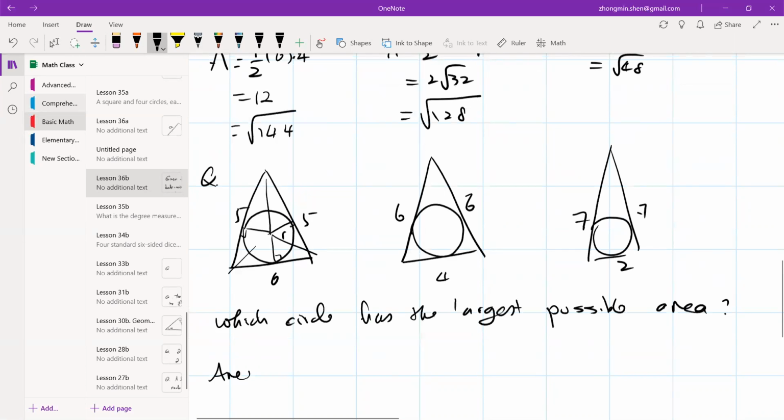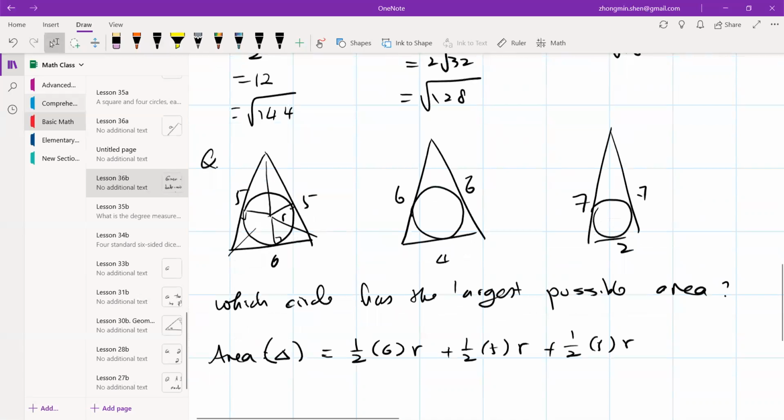The area of the triangle is going to be half of the base times height, and half of the base times height, and half of the base times height. The height is the radius, right? So the area of the triangle is going to be the sum of the areas of these small 3 triangles. Okay, this is a decomposition. So let me mark this. We are talking about triangles like that.